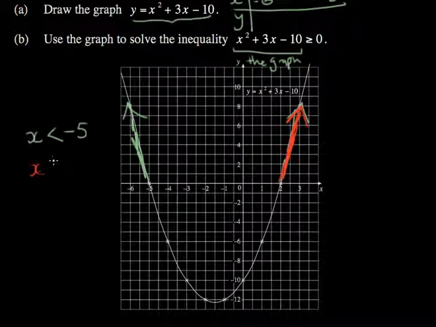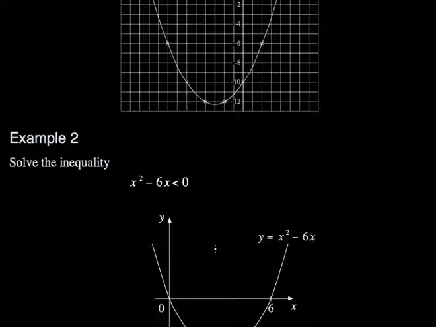So that would be written x is greater than 2. But notice actually in the question it's got greater than or equal to 0. So where it's greater than or equal to 0 will be actually where it's 2 as well. So we need to include the value 2 by putting a little equal sign under that, and then it would be the same for the green.